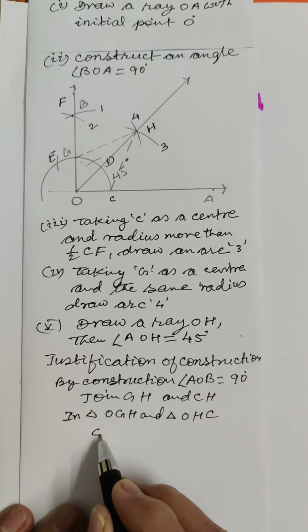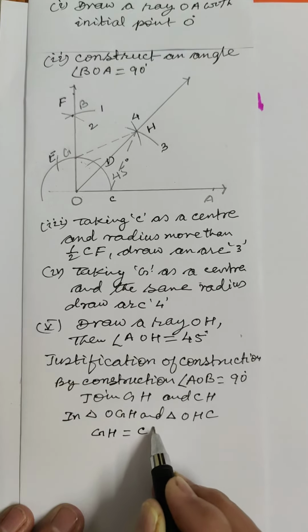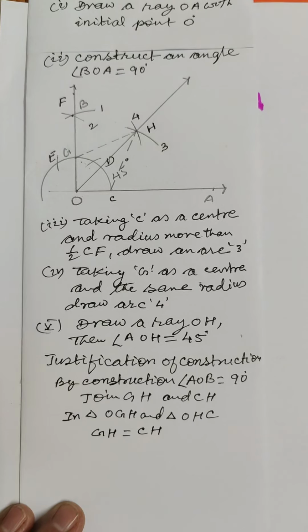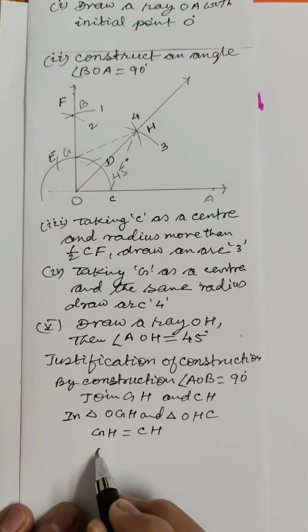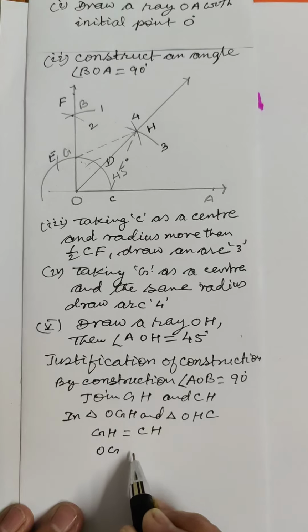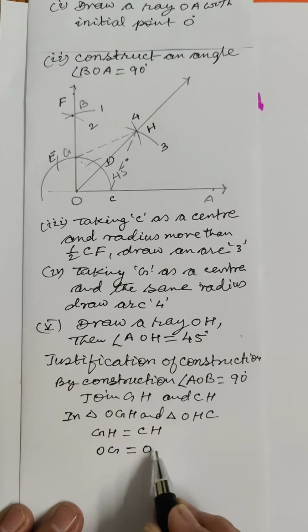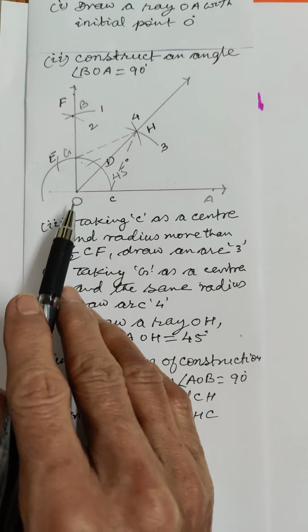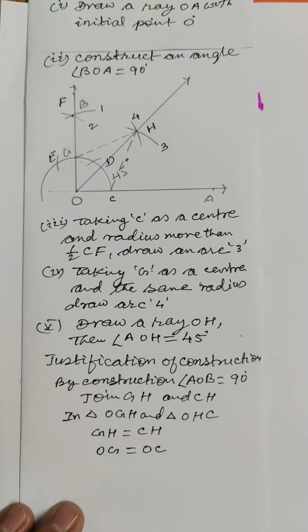OG is equal to OC, radii of the same circle.